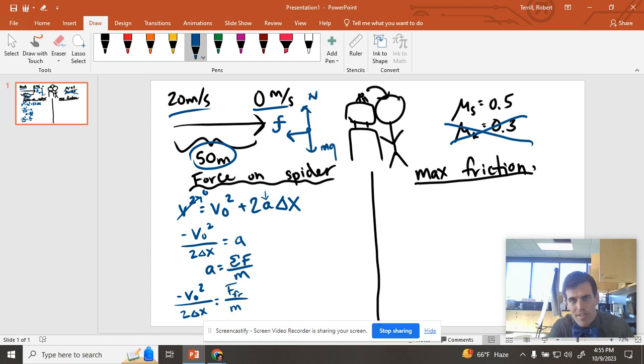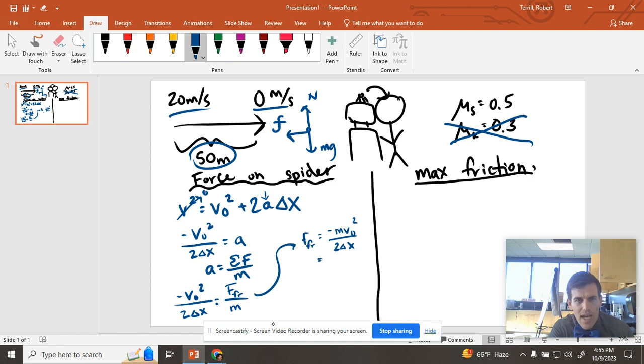There's normal and gravity acting on it, but those are in the wrong directions to decelerate it. So when we clean that all up, the force of friction is going to be equal to negative m v naught squared all over 2 delta x.